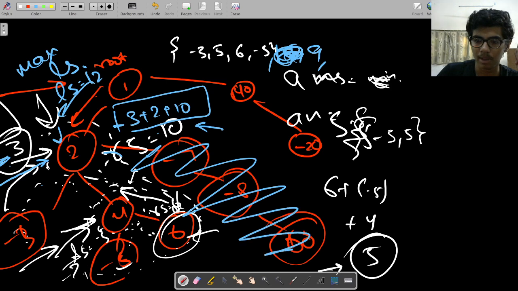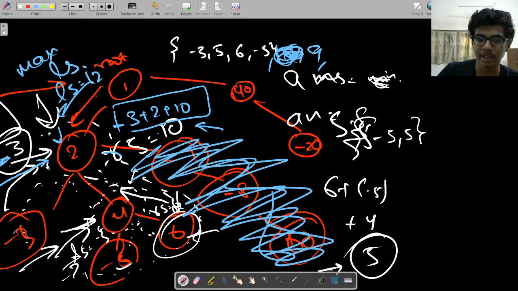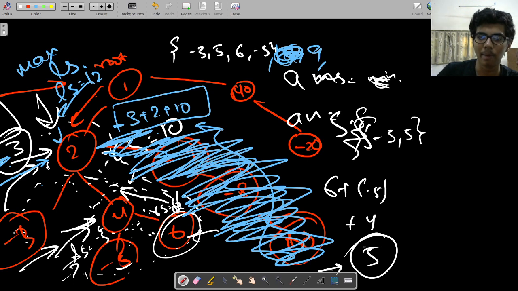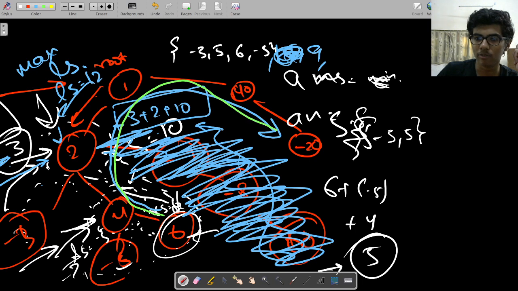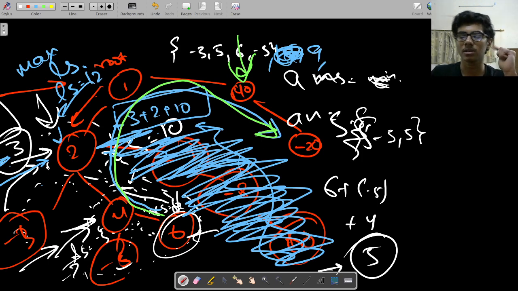After that, it will not be a binary tree. So I will be searching between these 3, and the highest path I will be getting is this, because most of the positives are in here and we have a maximum value of 40 present also. So the highest path I will be getting will be this. So I think this is clear to you.